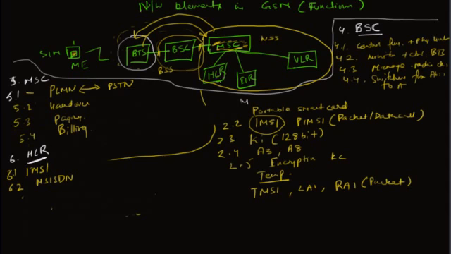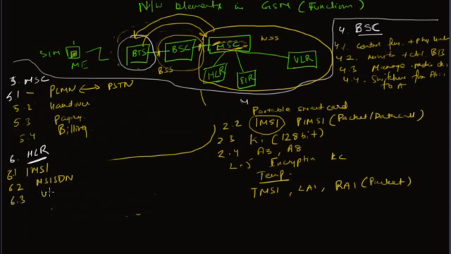When a person buys a cell phone for the first time and switches it on, that's when all the subscriber data is stored in the HLR, and that's why it's called the home location register. HLR is the home of all the subscriber information registered in that geographical area, in that location.